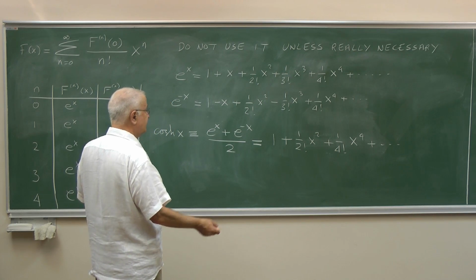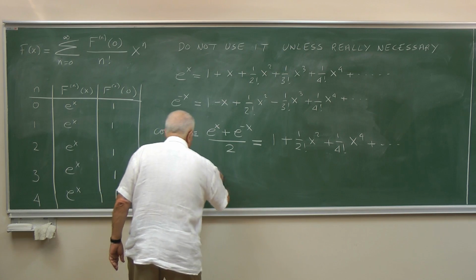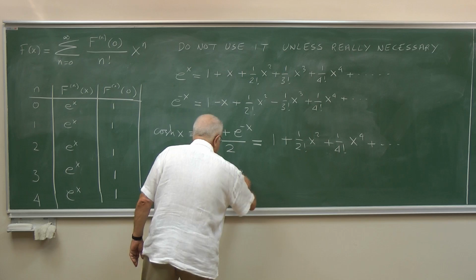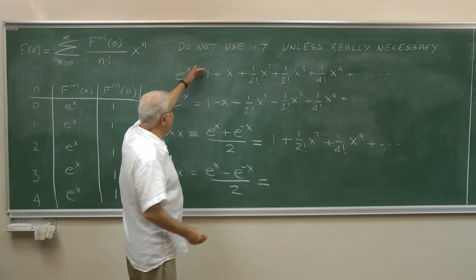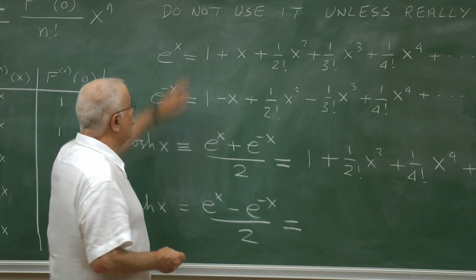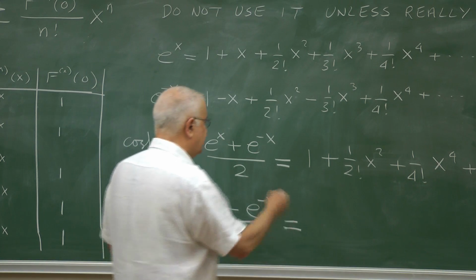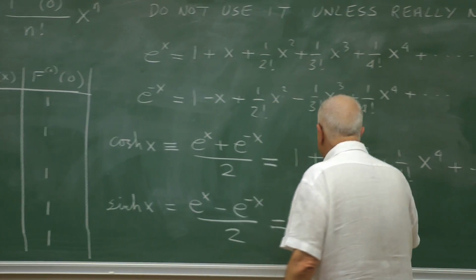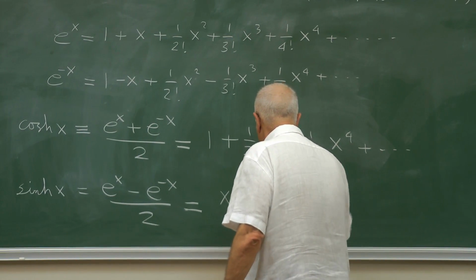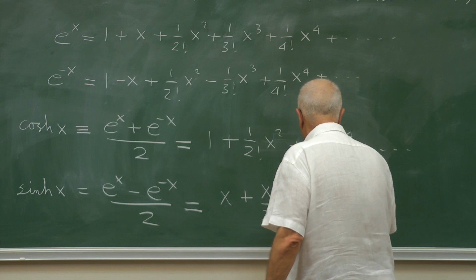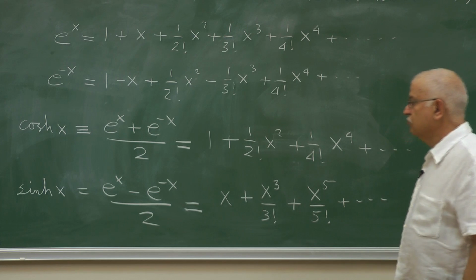How about sinh x? Well, sinh x is e to the x minus e to the minus x divided by 2. So it will be the difference divided by 2. Ones will cancel. X minus minus x is 2x, but divide by 2, it is x. Then it will be x cubed over 3 factorial plus x to the 5 over 5 factorial, and so forth.